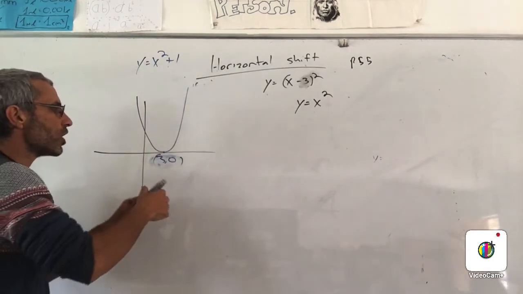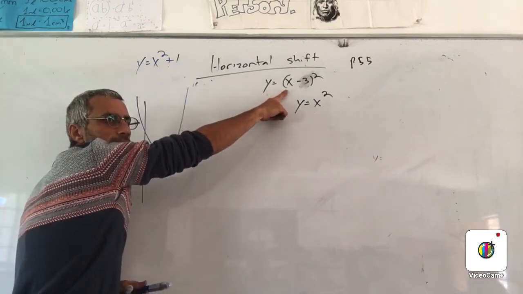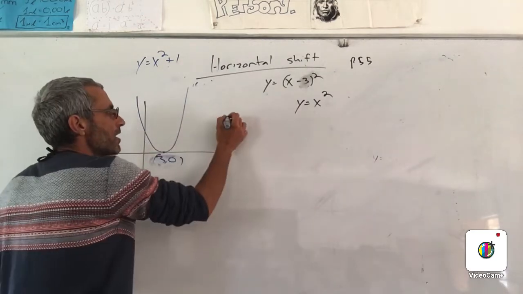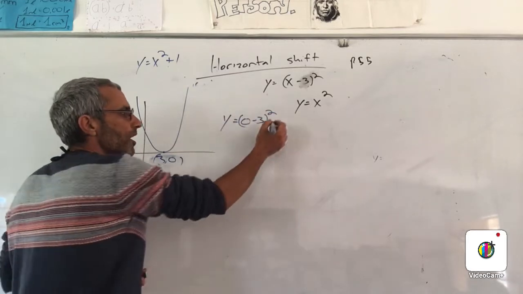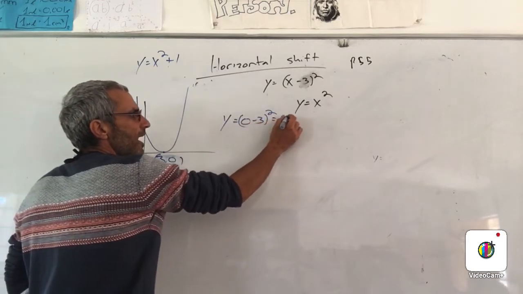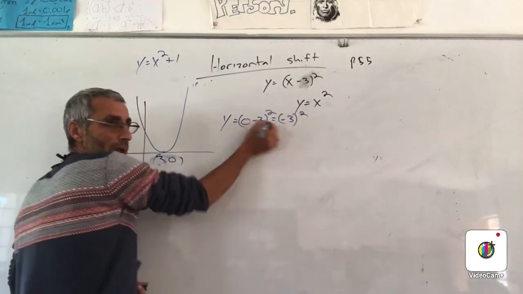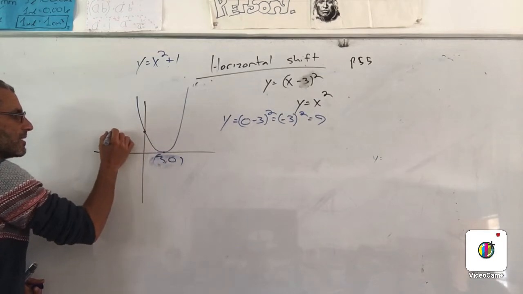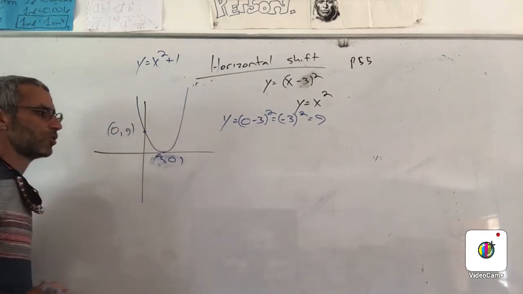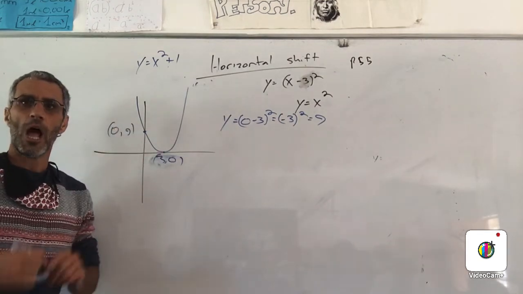All you have to do is sub in 0 for x, because that's what the y-intercept is. So you write y equals (0 minus 3) squared, which is 9. So I should put here 0, 9, and I have to write down the whole coordinate. I'll pause and answer.